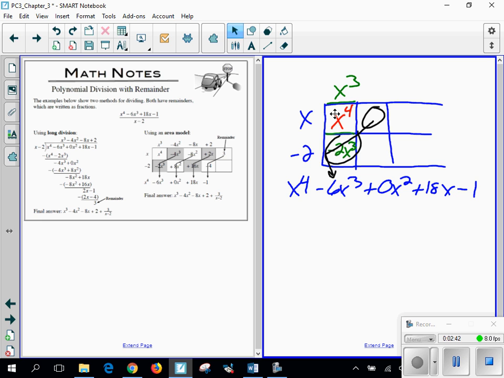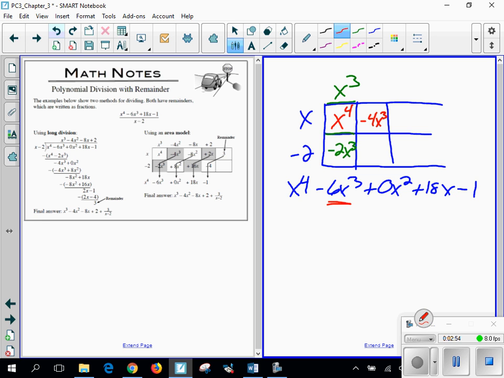So if that's a negative 2x cubed, then this space is going to have to be a negative 4x cubed in order to add up to negative 6x cubed. And now we can keep on playing the game. If the left side is x and this is negative 4x cubed for an area, the top is going to have to be negative 4x squared.